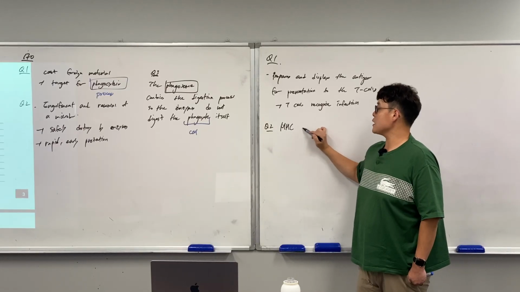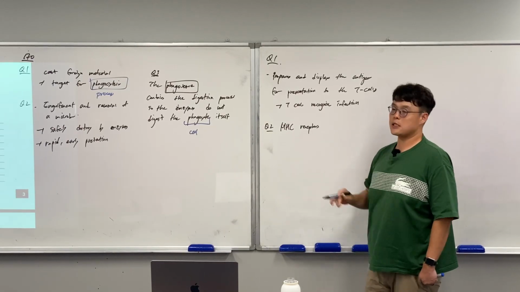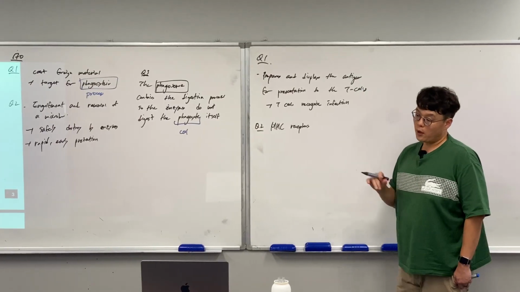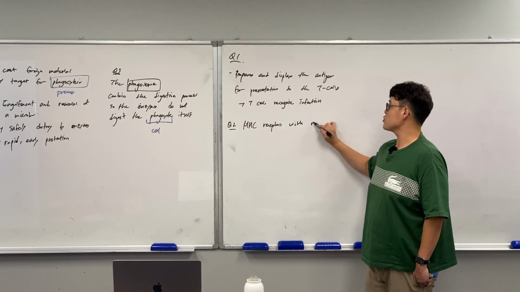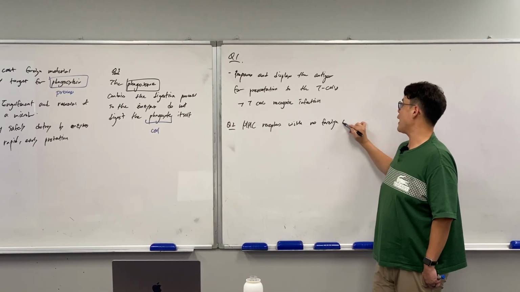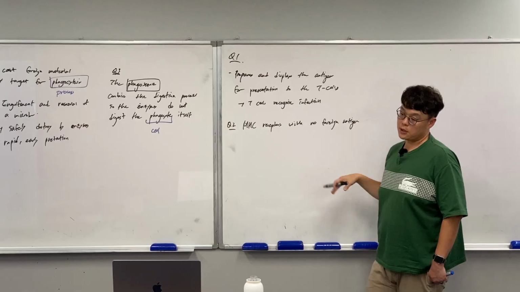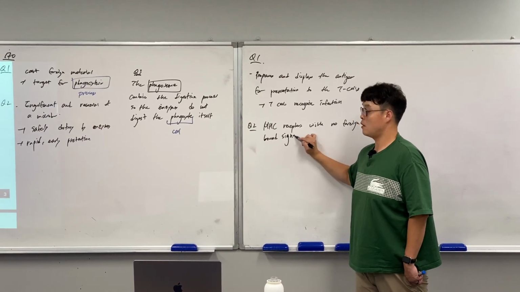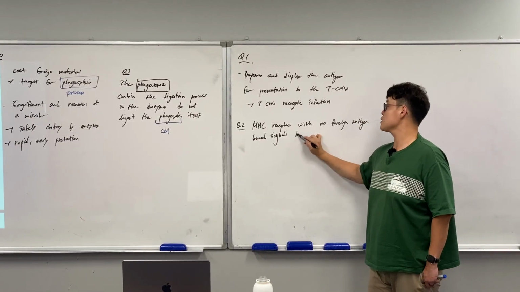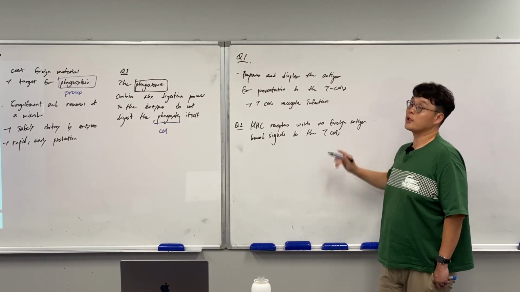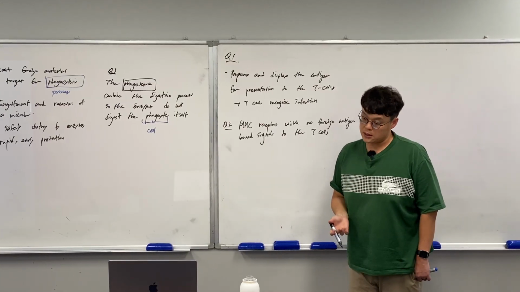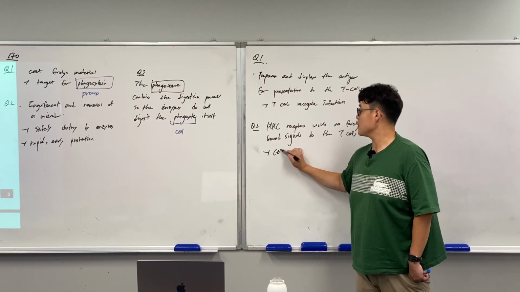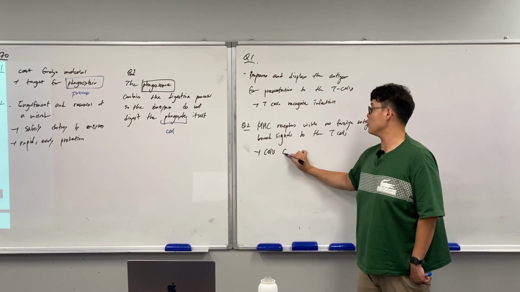We talked about 2 types of MHC receptors, class 1 and class 2, but whether it's class 1 or class 2, with no foreign antigen bound, they signal to the T cells, whether helper T cells or cytotoxic T cells, that the cell is healthy. So the cells can be ignored.